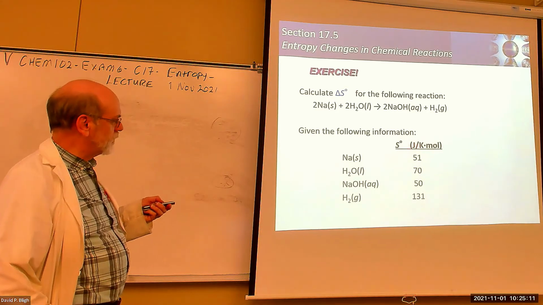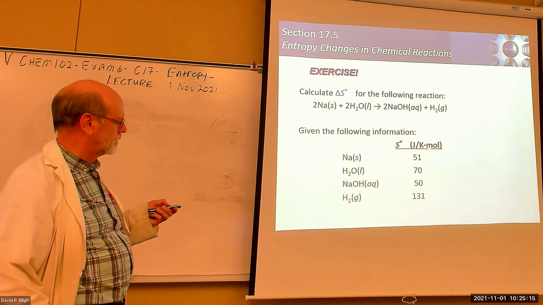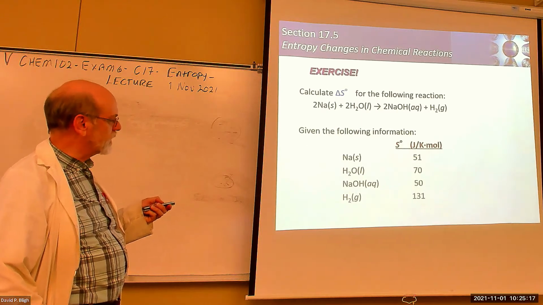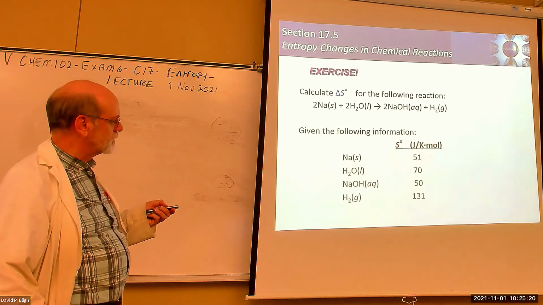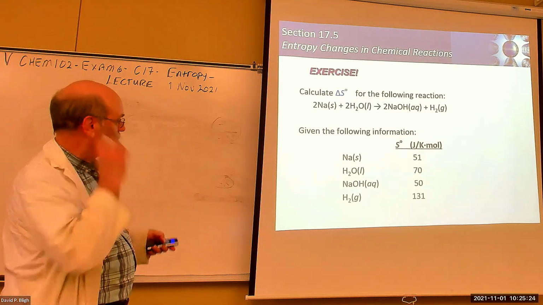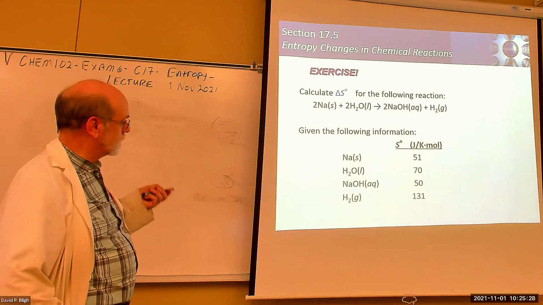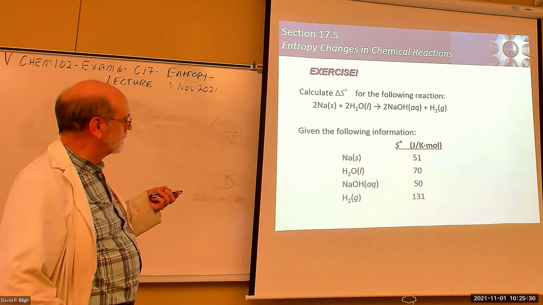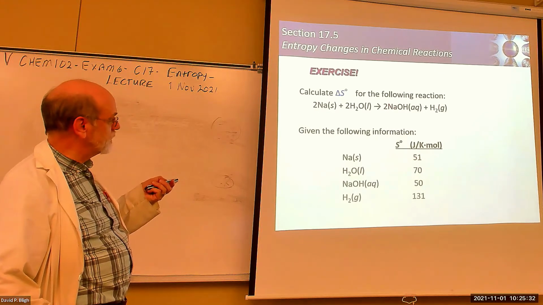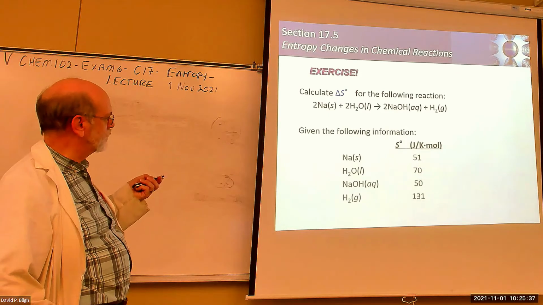And the units of measure are important. This is joules per K mole. So this standard entropy is determined for a mole of the substance. So if you have more than 1 mole, like there's 2 sodiums, you have to multiply that by 2. You have to multiply this one by 2 and that one by 1, then subtract this one by 2 and that one by 2.